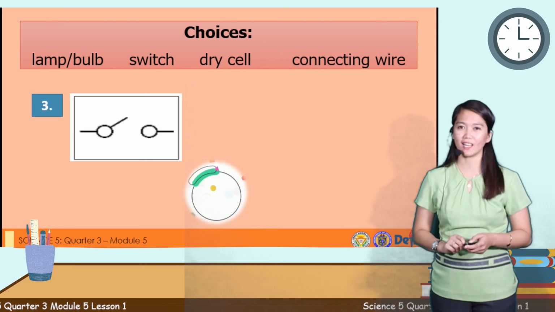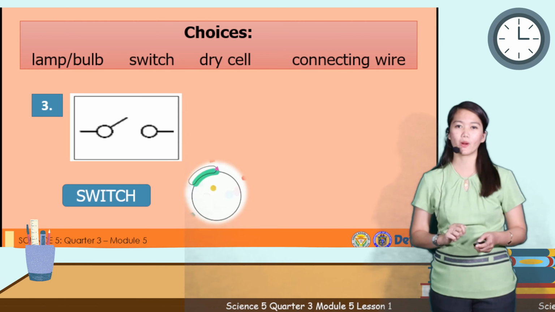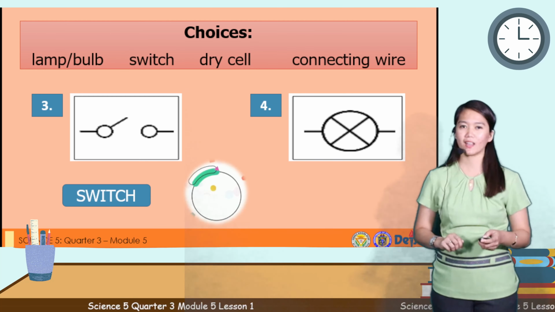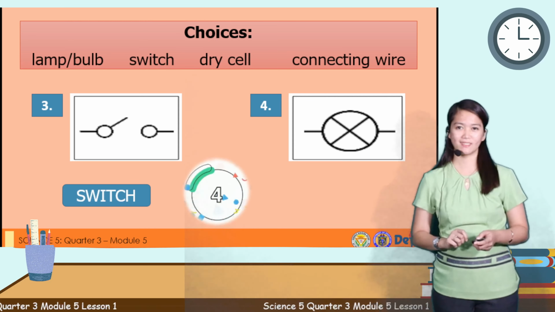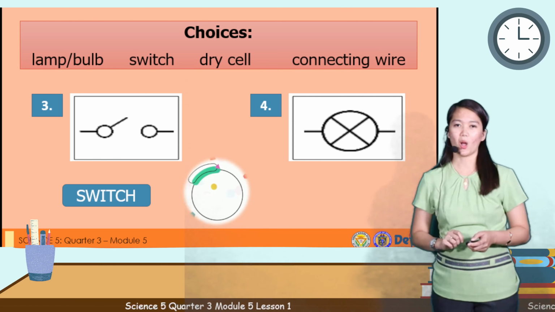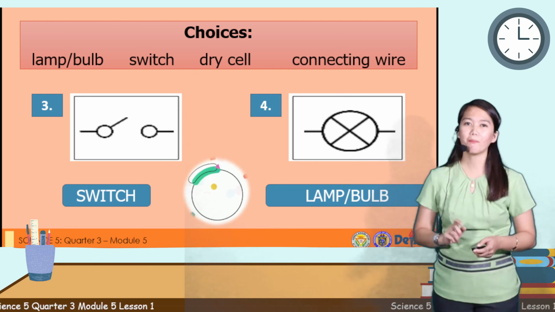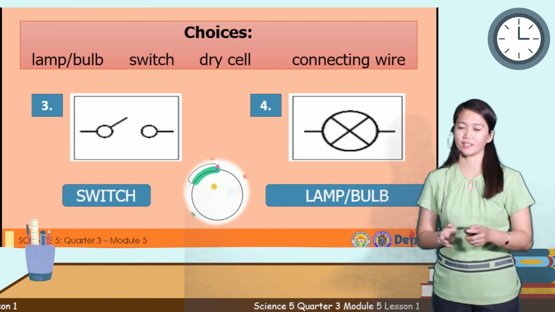Okay, what is that? You are correct, switch. Okay, number 4. Okay, so your time starts now. Okay, the fourth figure is lamp or bulb. Okay, so good job, learners.